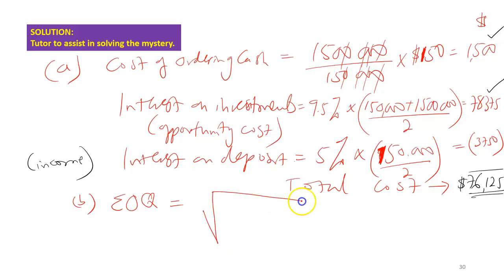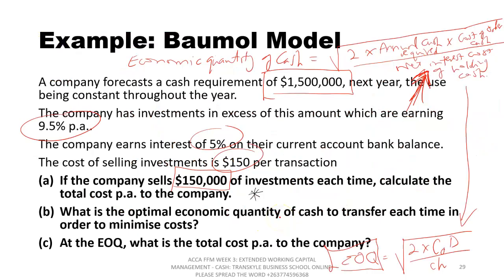And the formula, we now know it. The formula is 2 multiplied by the annual demand for cash. Annual cash requirement is 1.5 million, multiplied by the cost of placing an order, which was $150 per transaction. Each time we make a transaction, we pay $150.